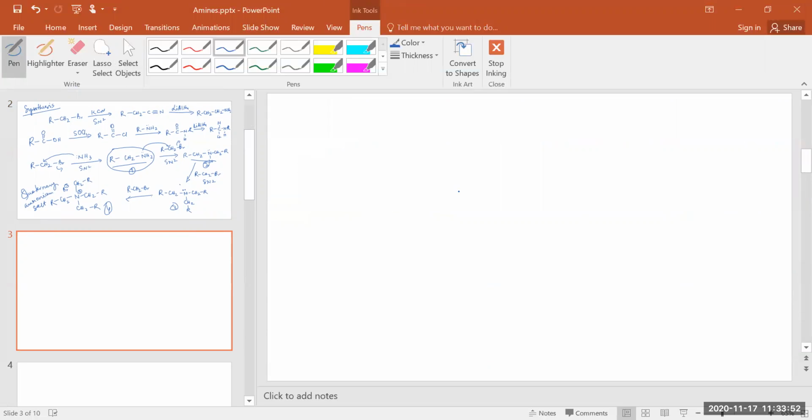For this, you need to take this reagent. This is called phthalimide. Remember, this is the cyclic phthalic acid derivative, phthalimide. If you take this with a base, NaOH, as I said, the nitrogen-hydrogen bond is polar, so due to this it also shows some acidic character.